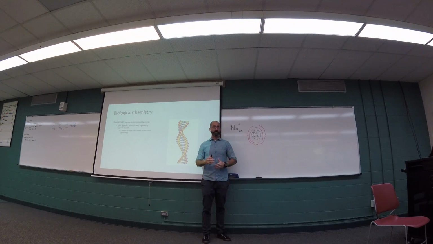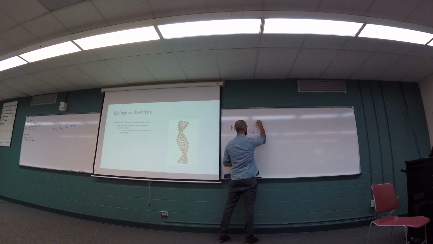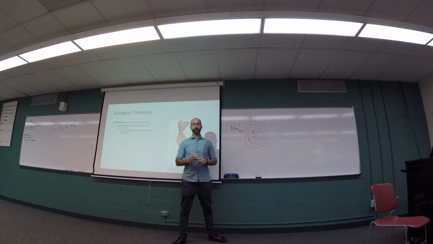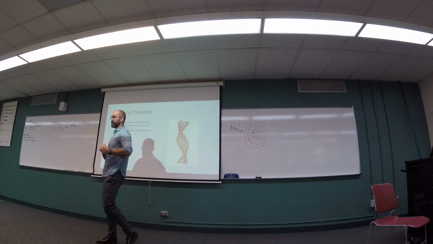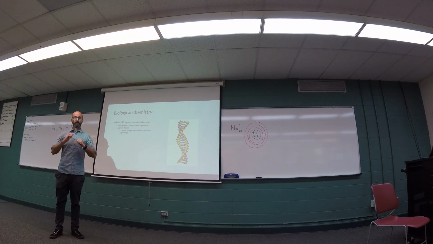Where's that 11th electron going to go? Yeah, in the 3rd shell, right? And it's going to be all by its lonesome. It's just going to be sitting out here. This is a super unhappy state for sodium. Having a single electron in an energy shell is bad.